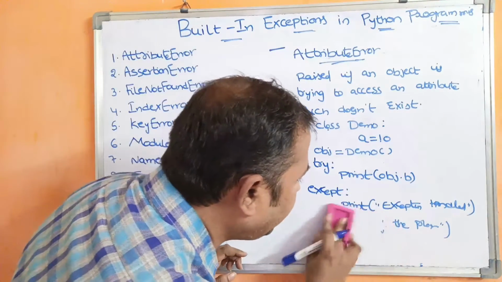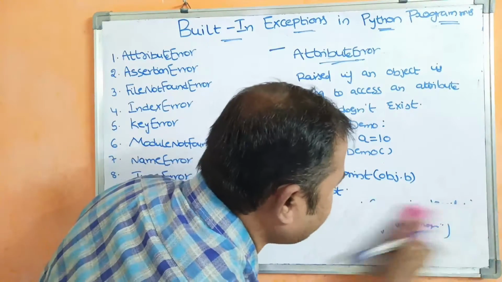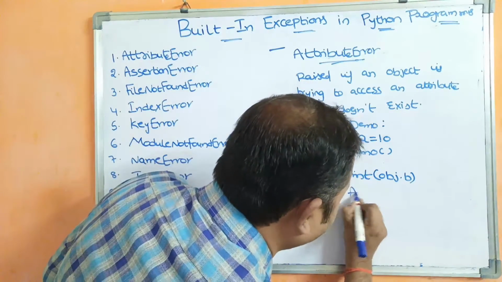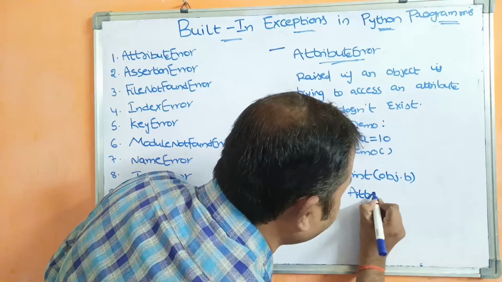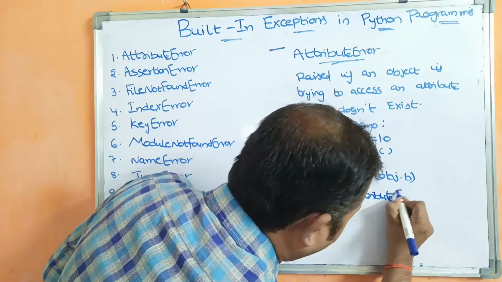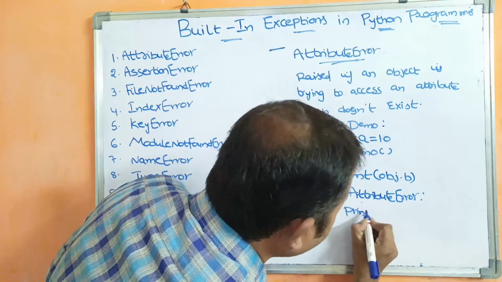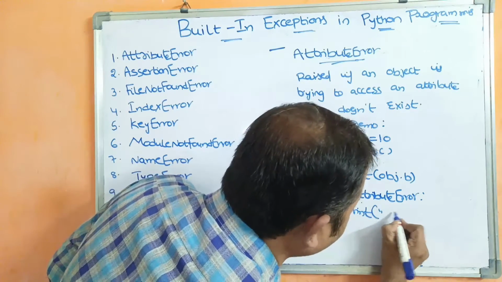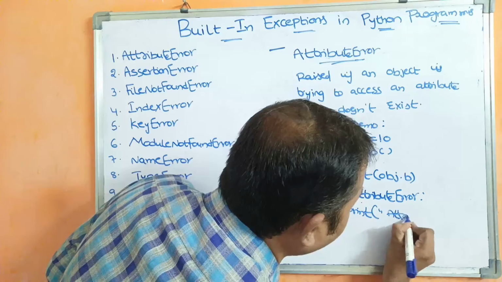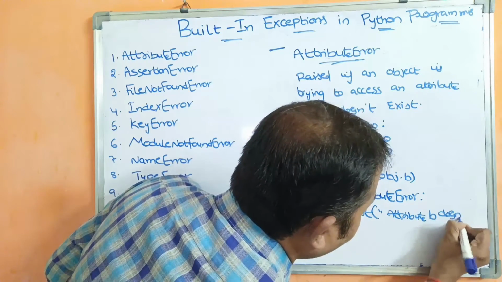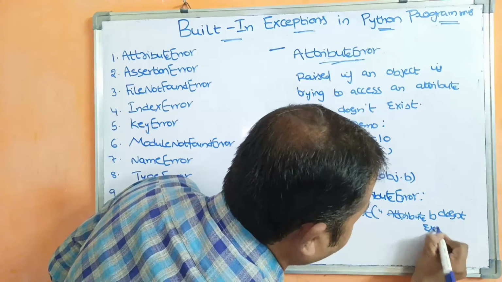Here, instead of that, after the except we can write AttributeError. Why? Because we know the exception name, AttributeError. Then print, we can display some message according to our choice: attribute b doesn't exist.